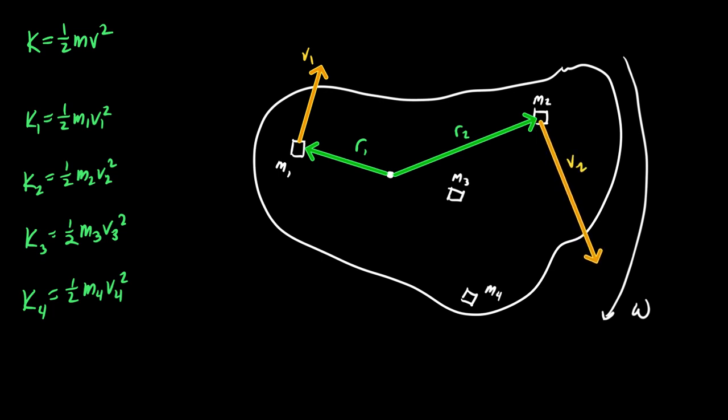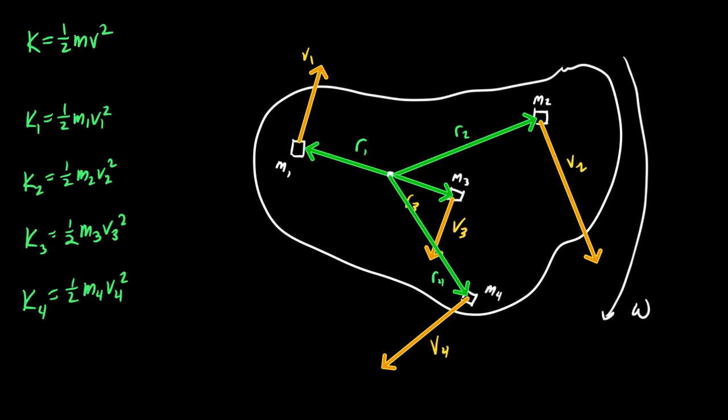So this is V2. I think piece 3 is probably the slowest piece because it's the closest. So R3 and V3. And then finally piece 4, a distance R4 away, and it's going to have velocity, somewhere in the middle there, V4.